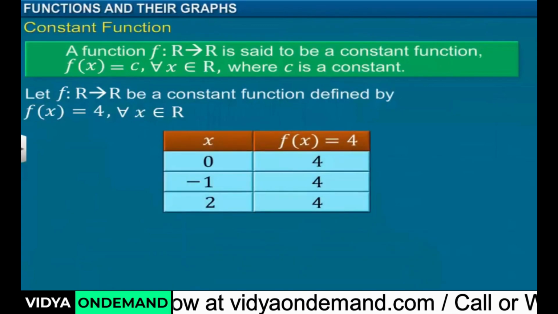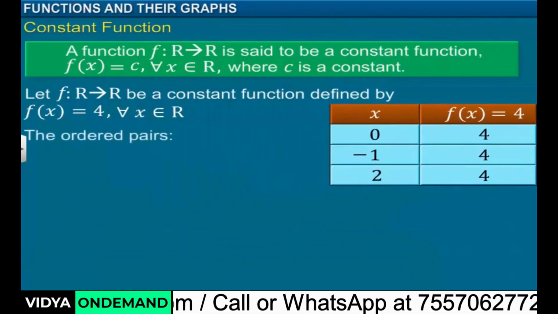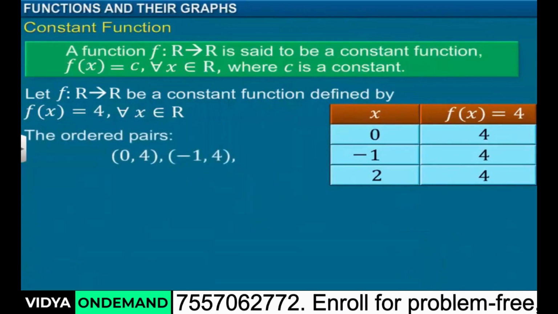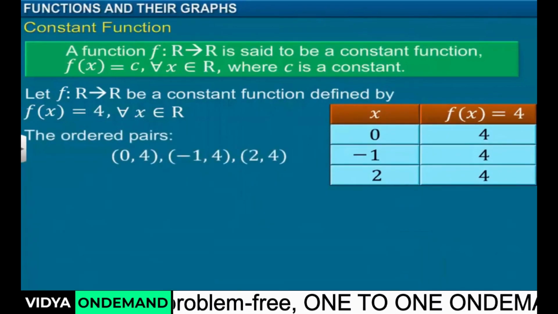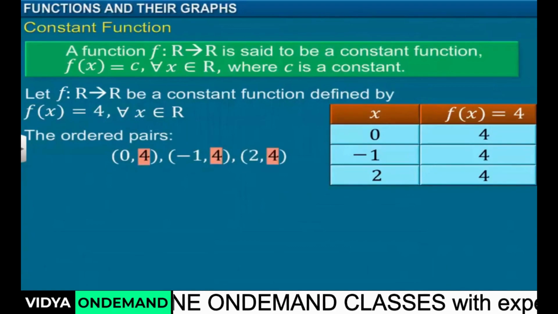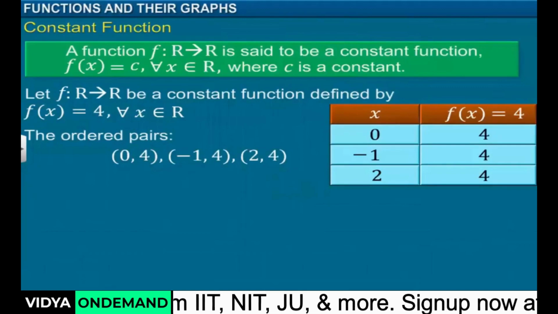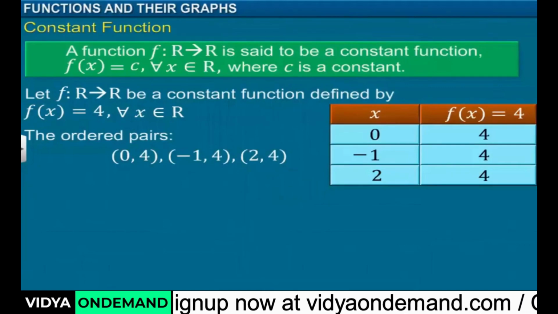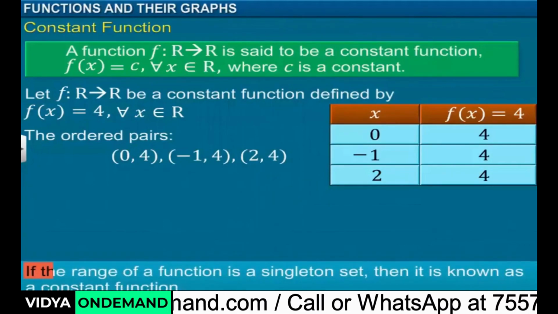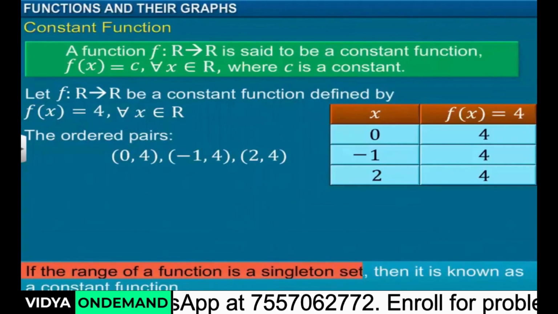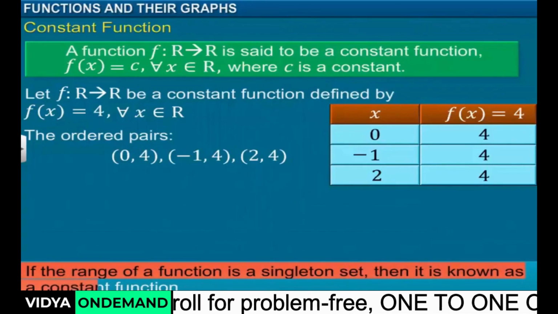Some ordered pairs satisfying the function are listed. Observe here that in all the ordered pairs, the second elements are the same. That is, the range has only one element, that is 4. In other words, if the range of a function is a singleton set, then it is a constant function.